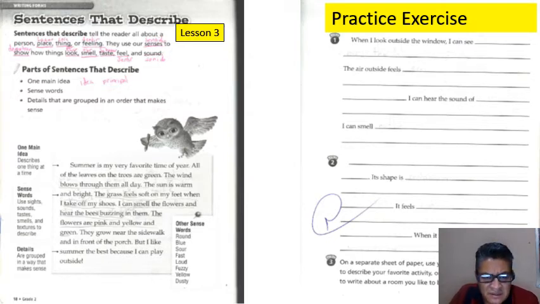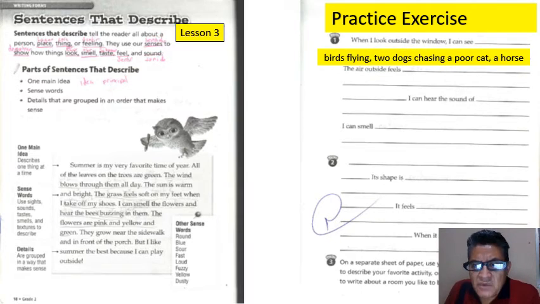And there's a list of sense words: round, blue, sound, fast, loud, fuzzy, yellow, and dusty. This is a way of writing very nice, and in a rich way. And if you follow that, then it will become very easy for you to write for your exercises. So here on the next page on 19, here's your practice exercise.